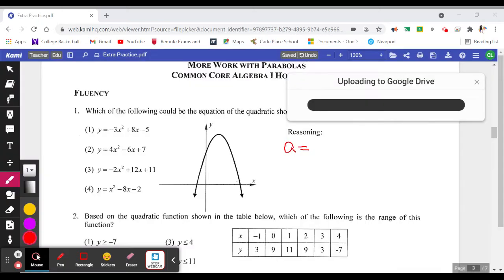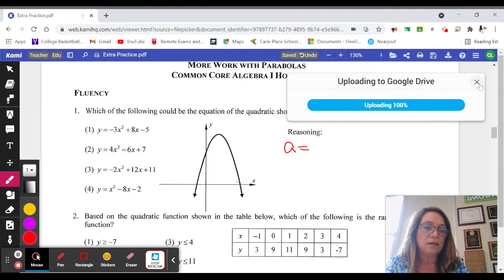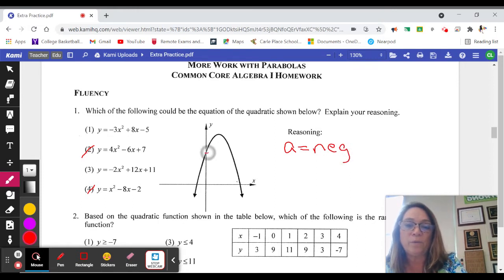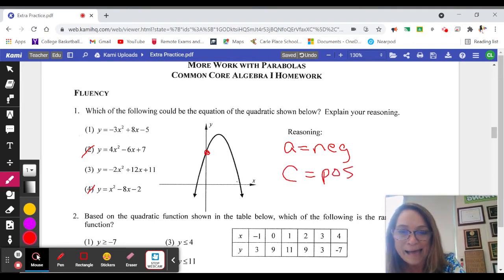And because of that, you're going to eliminate choices 2 and 4 when a is negative. So now I'm going to focus here on the y-intercept, and the y-intercept is positive. So it has to be choice D.